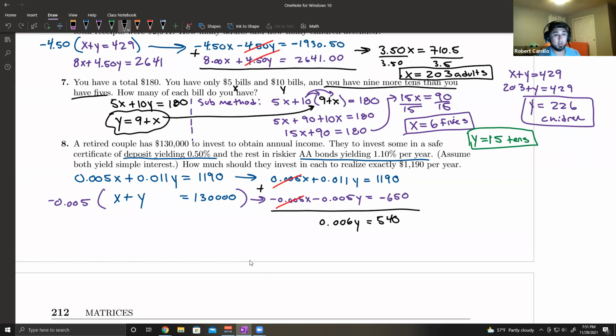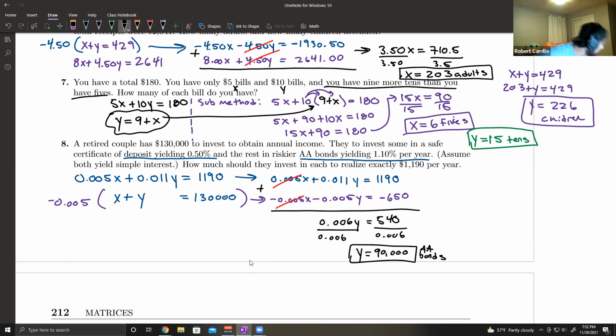Now just divide by 0.006. And 540 over 0.006 gives me 90,000. So this is $90,000 that they have put into the AA bond.